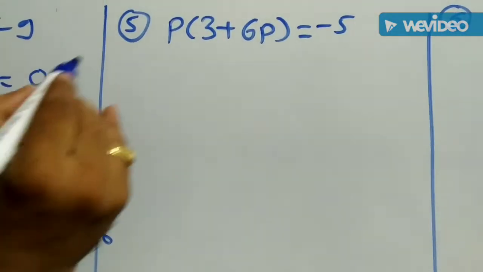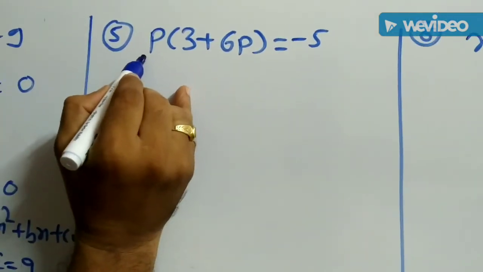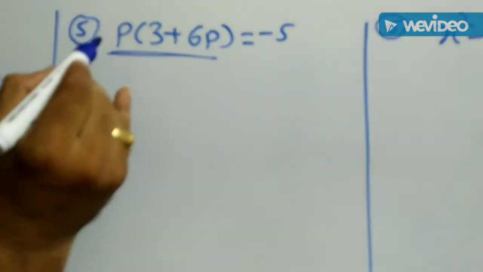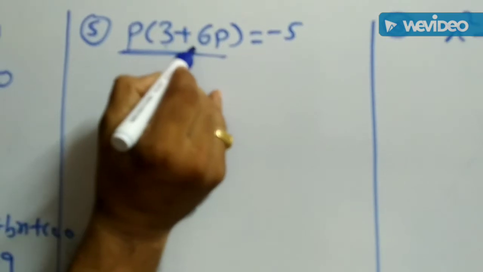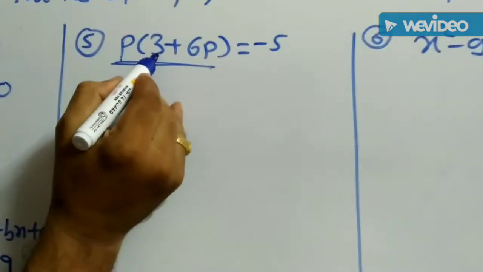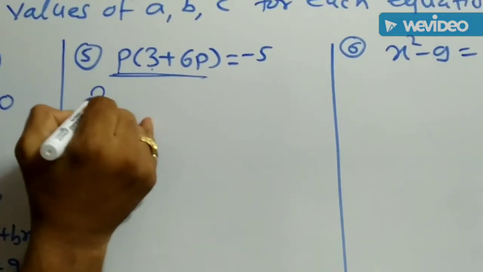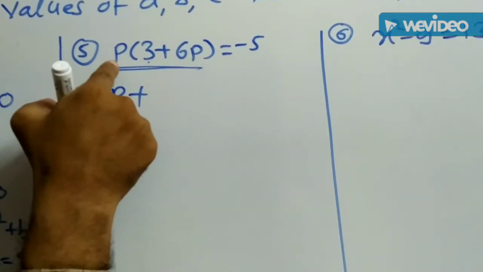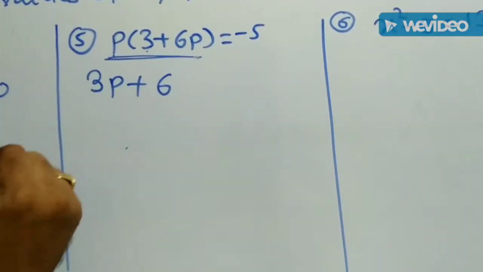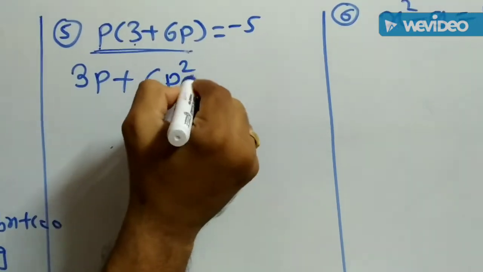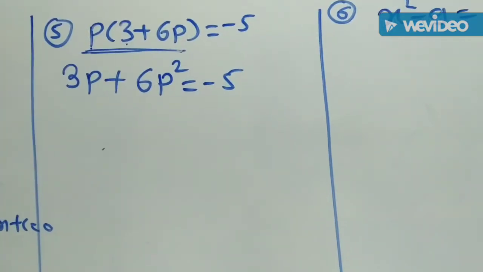Then fifth example, for that firstly we solve the left hand side, multiply this p to every term of the first bracket. 3 into p, 3p plus p into 6p, 6 as it is, p into p square is equal to minus 5.